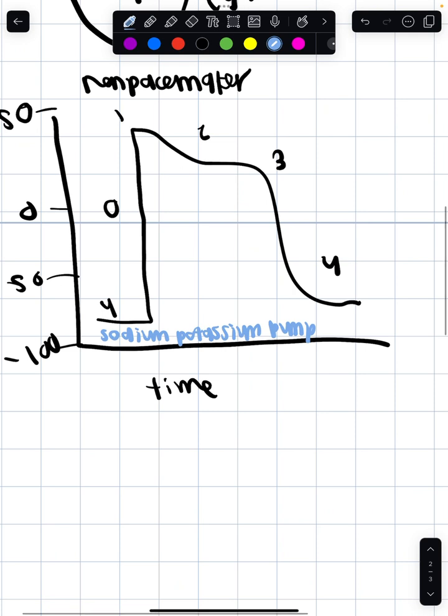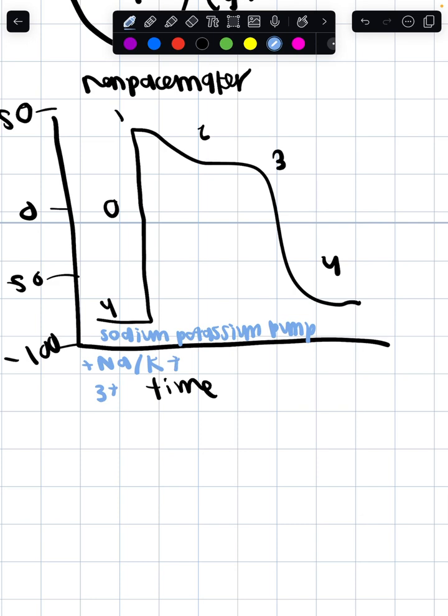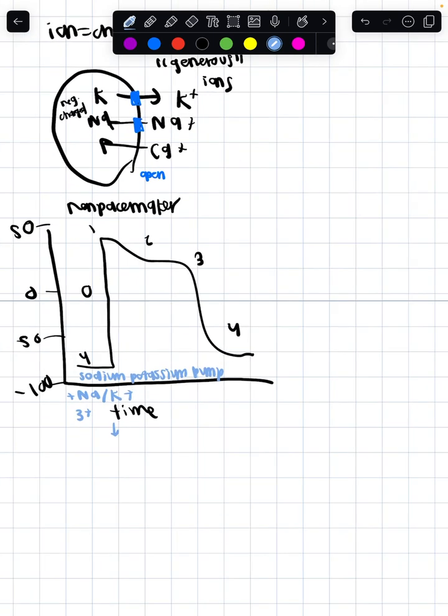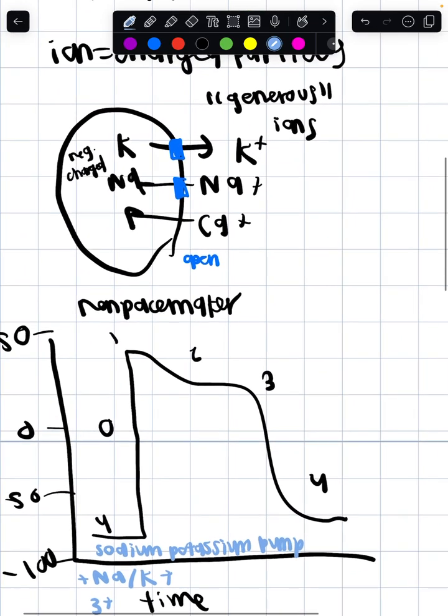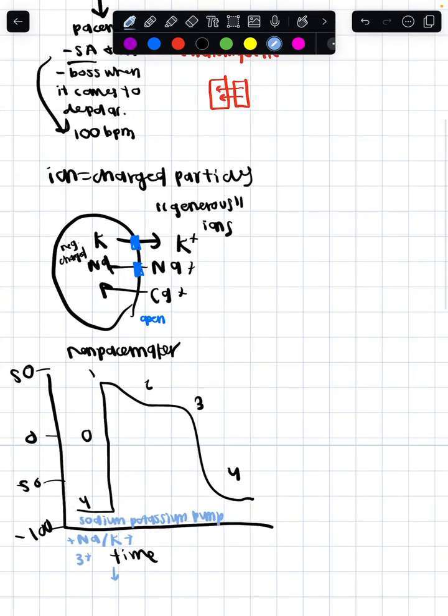And our sodium-potassium pump determines that, so we pump 3 sodium out and 2 potassium in. Because we are pumping more sodium out, which again is positively charged, than we're bringing in another positive ion, we establish that negative resting membrane potential. And when our cell's at a negative resting membrane potential, nothing's happening because that's normal.